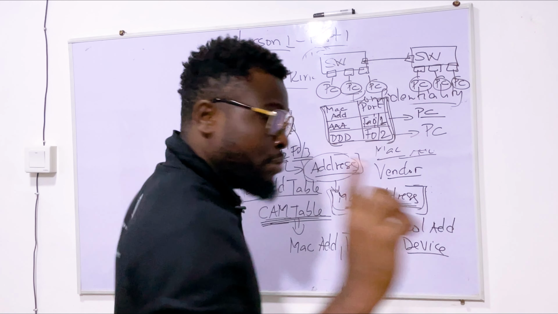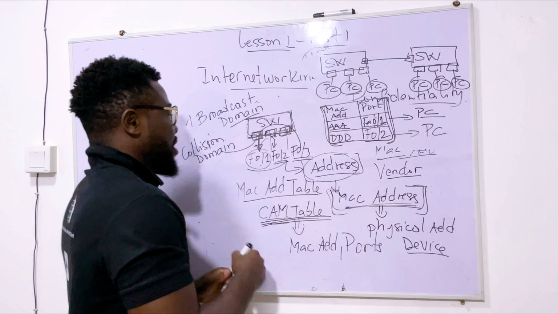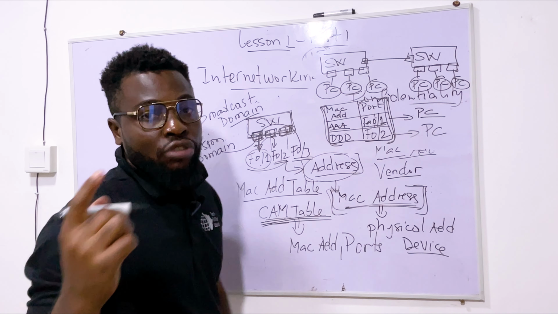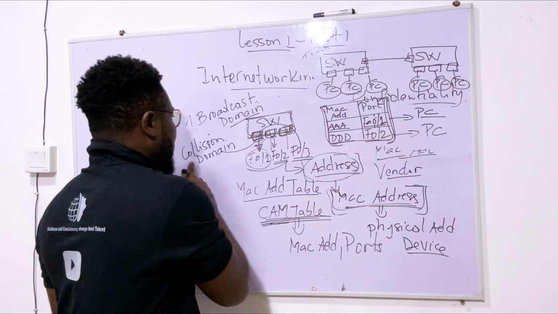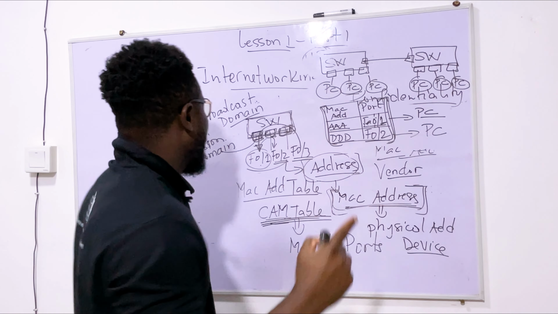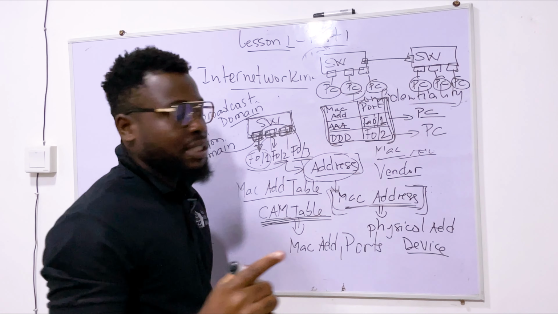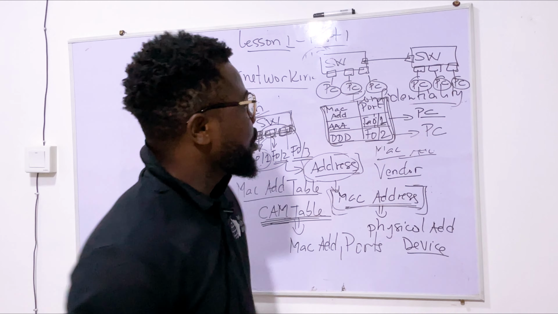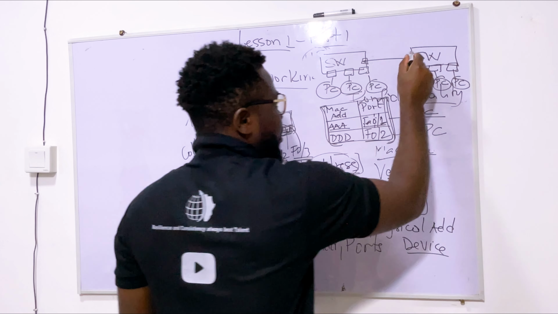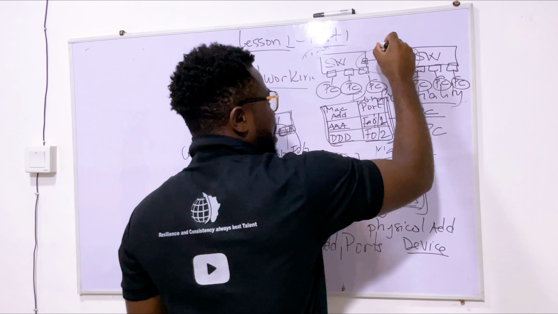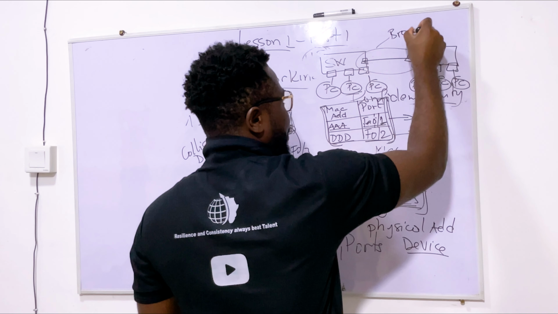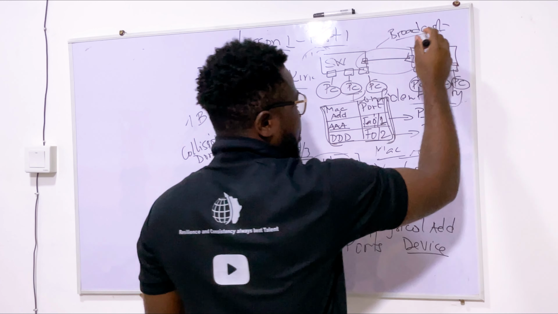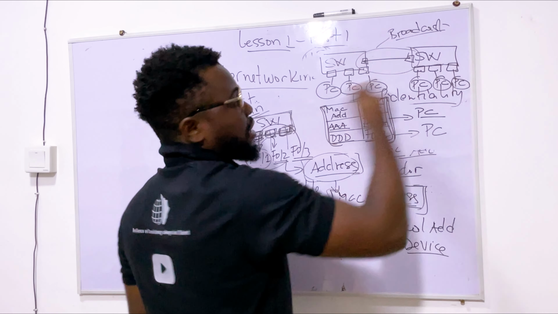So simple. Remember, I said that each interface of the switch represents a collision domain, and a switch has one broadcast domain. So what I'm going to do is this. This one is a broadcast domain because they are connected.